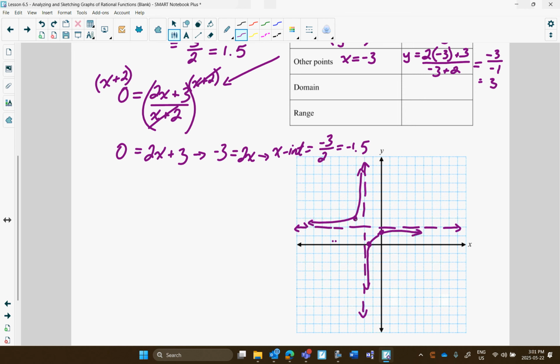And then it comes all the way up to here, but it doesn't get this line, does it? What's the value of x to this line? That is the domain. X cannot be -2. The range goes down forever, goes up forever, but never hits 2. So y cannot be 2.